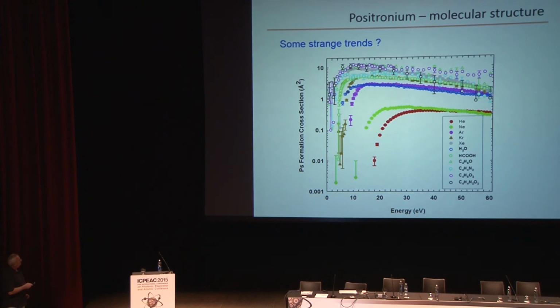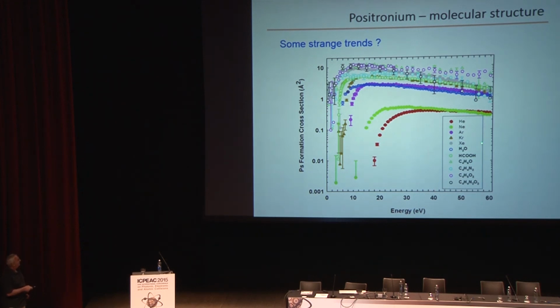But there are some really interesting anomalies here. One that's not so anomalous, for instance, is that neon, which has the same number of electrons as water, the cross-sections are about an order of magnitude different. And we interpret that because of the dipole interaction in the water molecule.